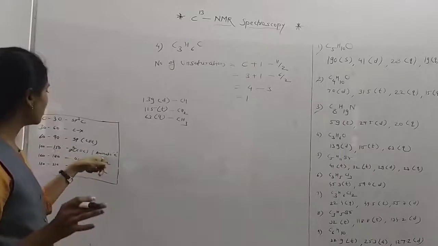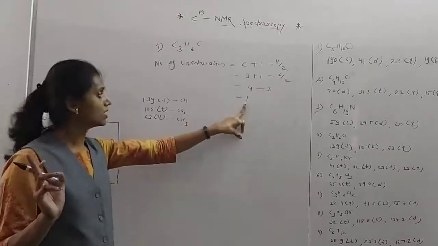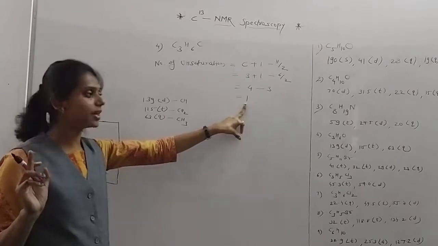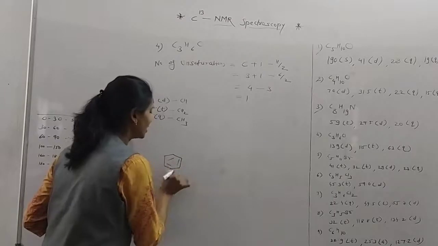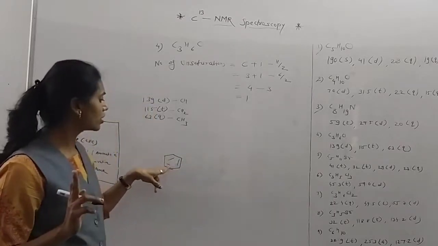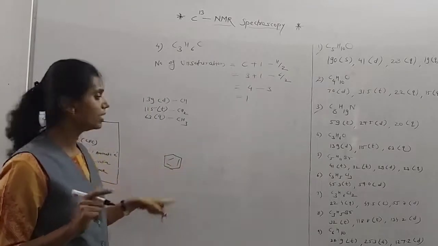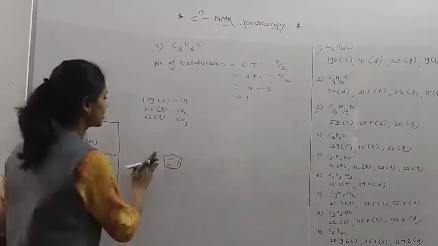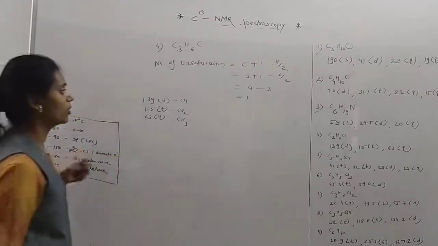There is no possibility of an aromatic carbon since there is only one unsaturation, and for aromatization at least 4 unsaturations are necessary: 3 for 3 double bonds and 1 for the ring. But there is only 1 unsaturation. So what is the possibility? There is a carbon-carbon double bond.